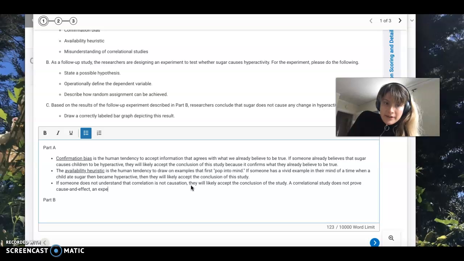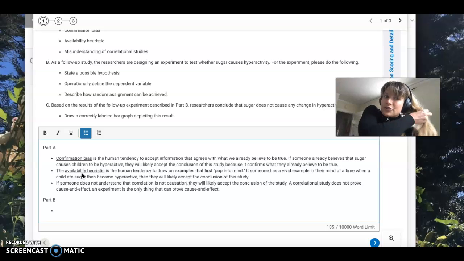An experiment is the only thing that can prove cause and effect. Okay, so now say we do actually want to prove that sugar causes children to be hyper, end of story. We'd have to design a controlled experiment to prove that that's true.